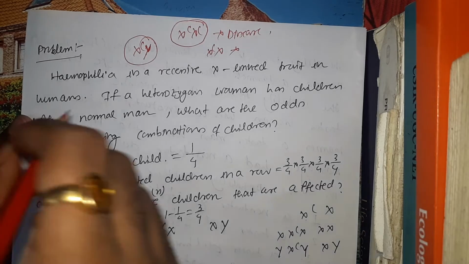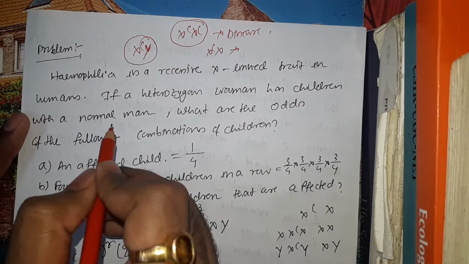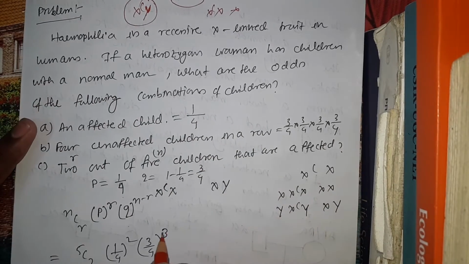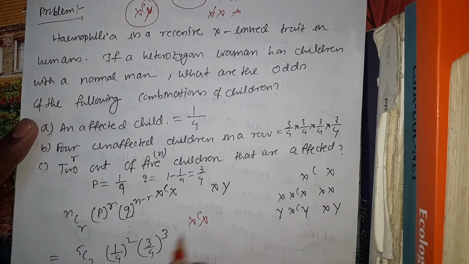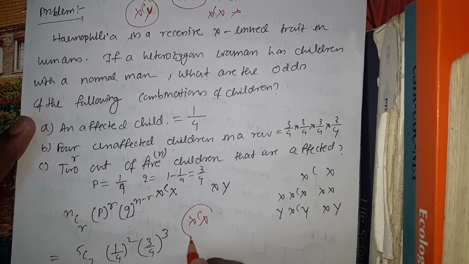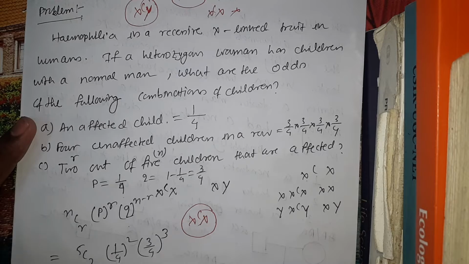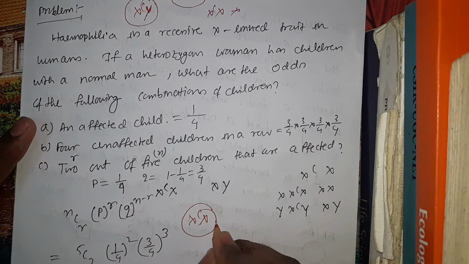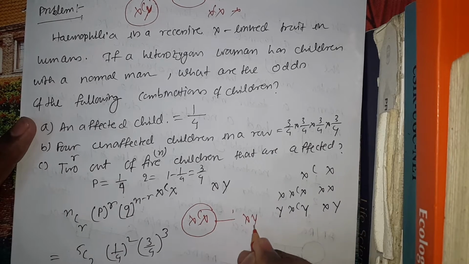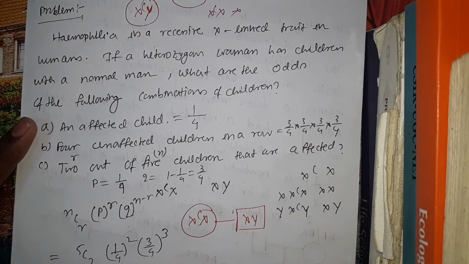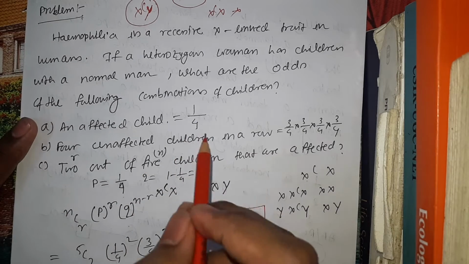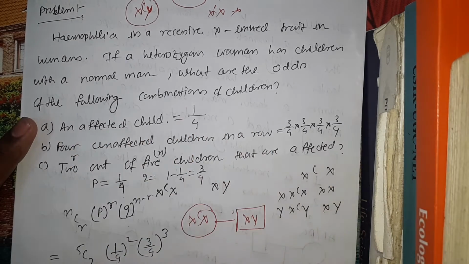So if a heterozygous woman has children with a normal man, that means the mother is a heterozygous carrier and has children with a normal man. So what are the odds of the following combinations of children?